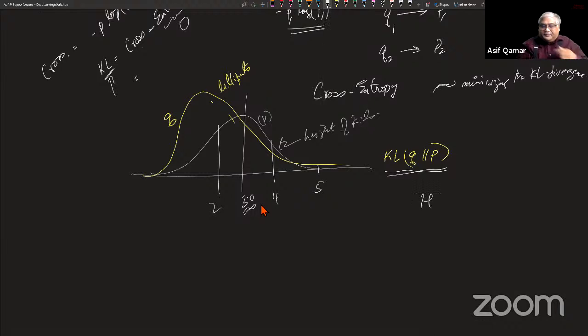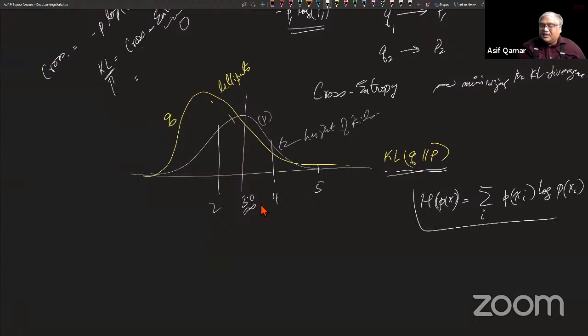The entropy associated with the probability of some random variable is essentially the sum of p(xi) log p(xi), the probability of that event. Are we together? It is by definition. In other words, it's not that somebody has computed this formula. This is the definition of entropy.